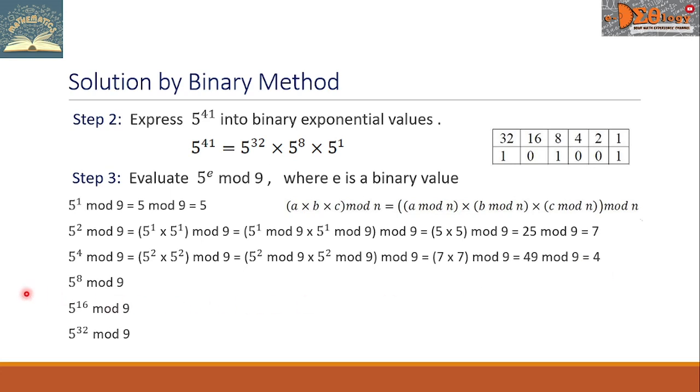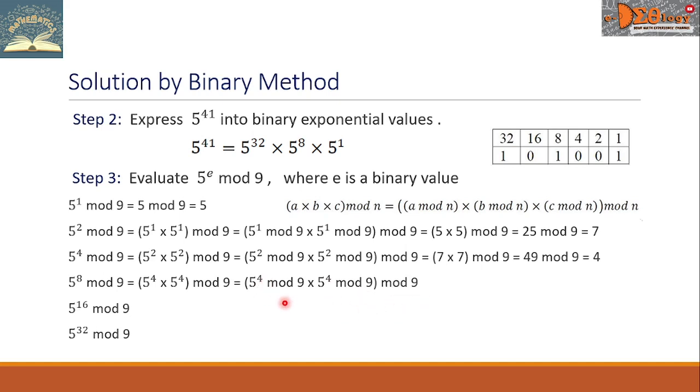We go to the next modulus, 5 raised to 8 mod 9. We can rewrite this into 5 raised to 4 times 5 raised to 4, then mod 9. Using our identity, we can expand this into 5 raised to 4 mod 9 times 5 raised to 4 mod 9, then mod 9.